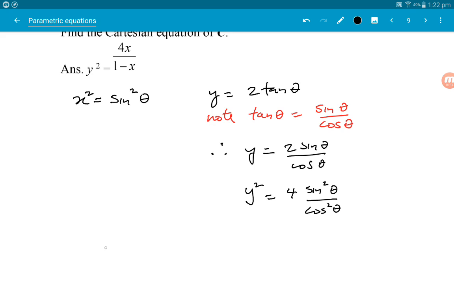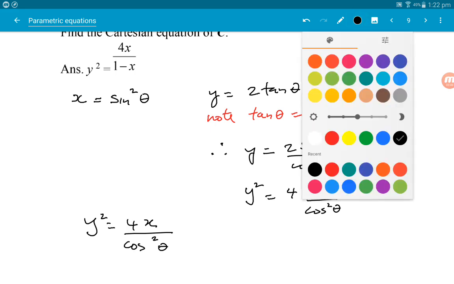So I know x is sine squared theta. So y squared is going to be 4x over cos squared theta.